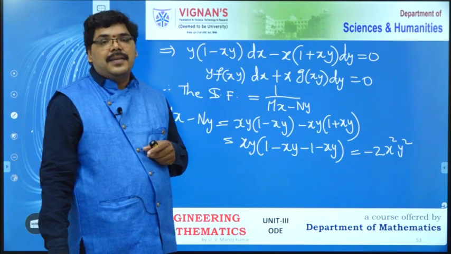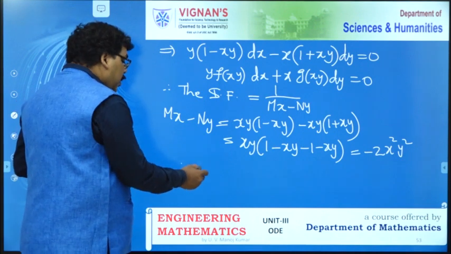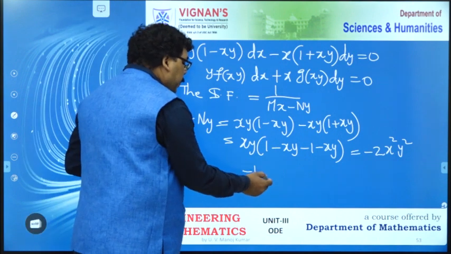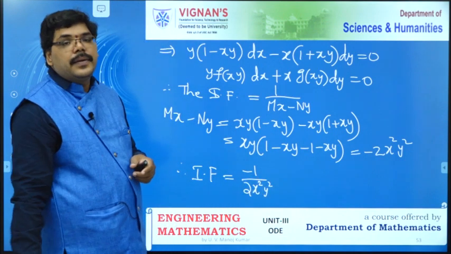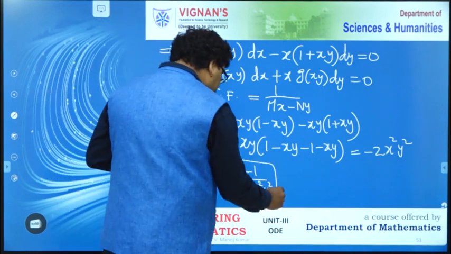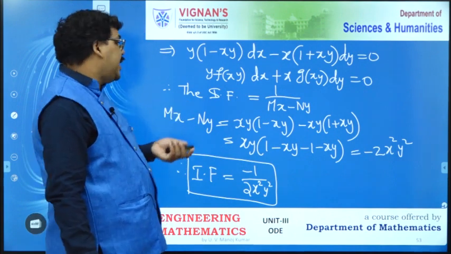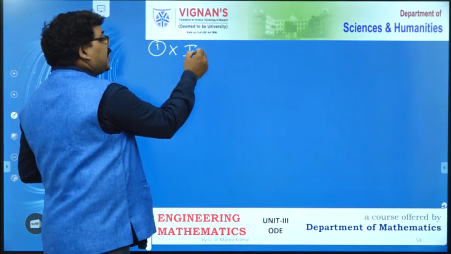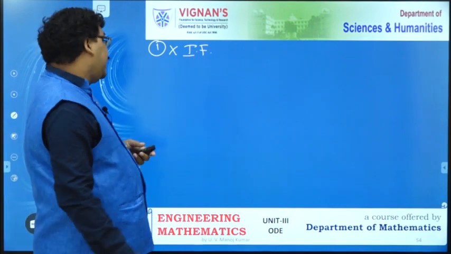So what is the integrating factor? Integrating factor is 1 by (Mx minus Ny). So therefore, integrating factor is minus 1 by 2 x square y square. After knowing the integrating factor, what we have to do? We have to multiply the given differential equation with the integrating factor on both sides. So equation 1 is the given differential equation, I am multiplying that with integrating factor on both sides. So what I will get?